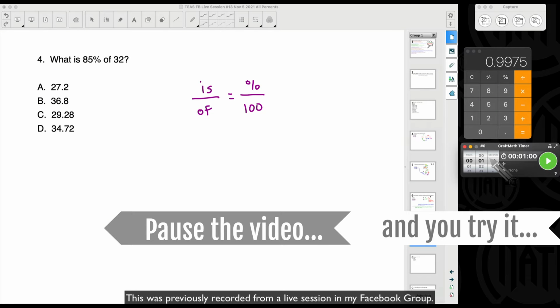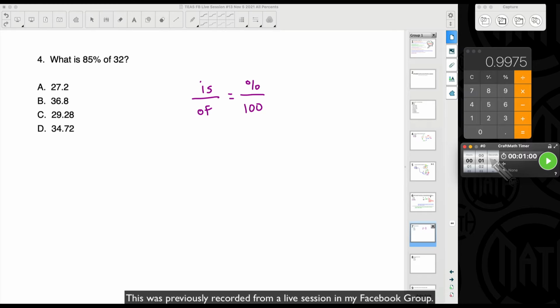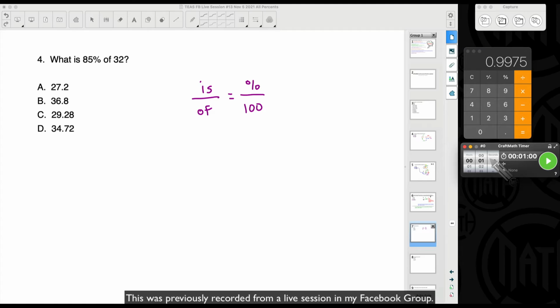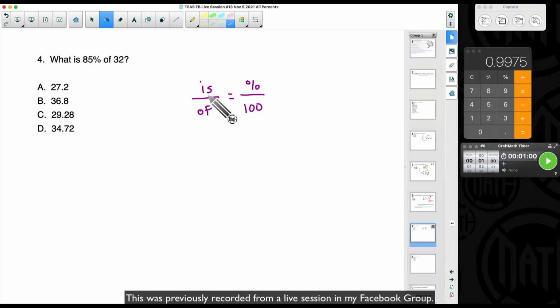There is a faster way of doing some of these problems, but some of us get mixed up on when can we multiply by a percent, when can we divide by a percent. That's what this formula is for, to take away that confusion of when you should be multiplying by a percent versus when you should be dividing by a percent. So if we have a question, and we're going to do 2 more of these to get some practice in.